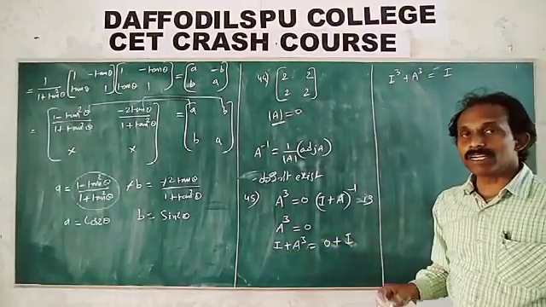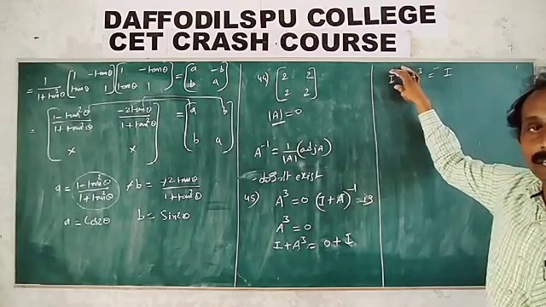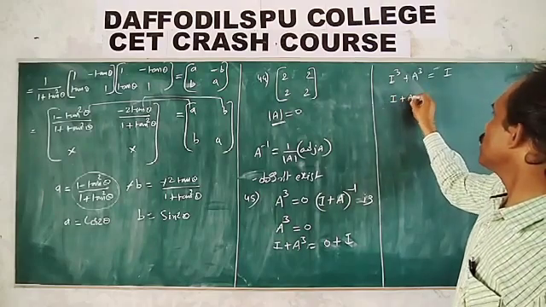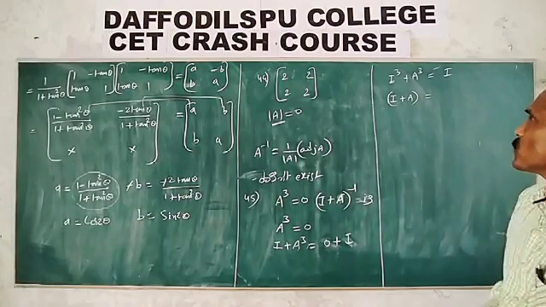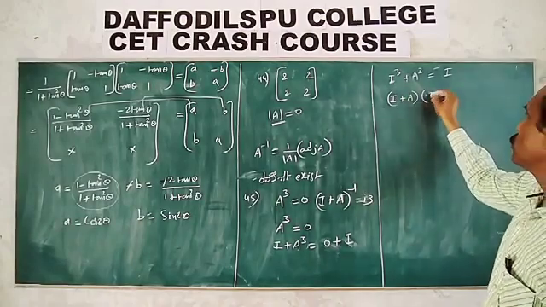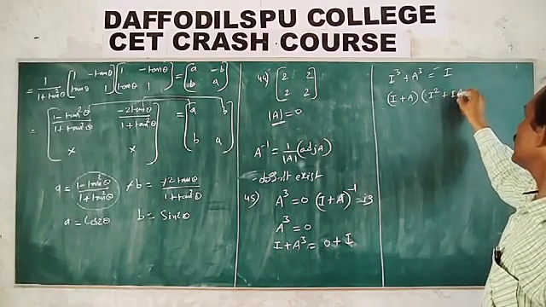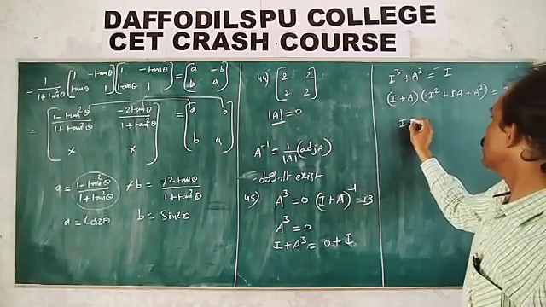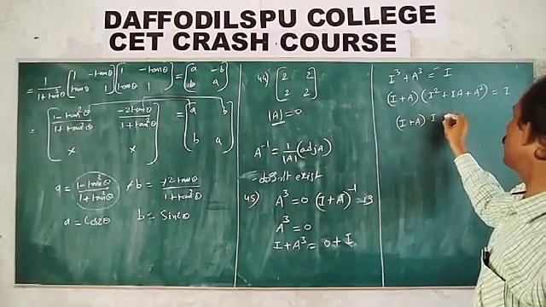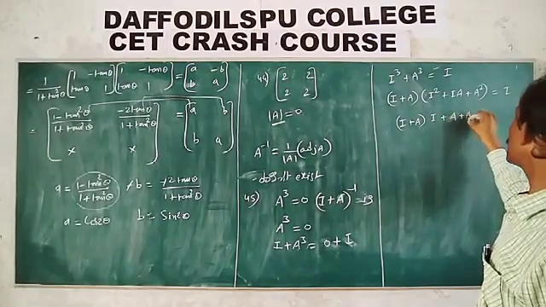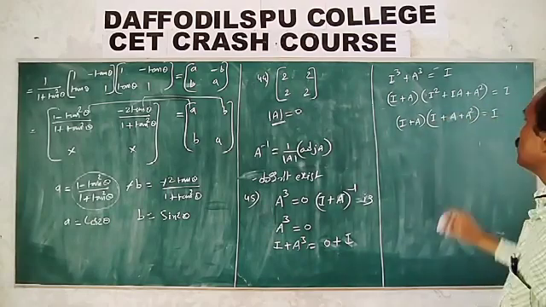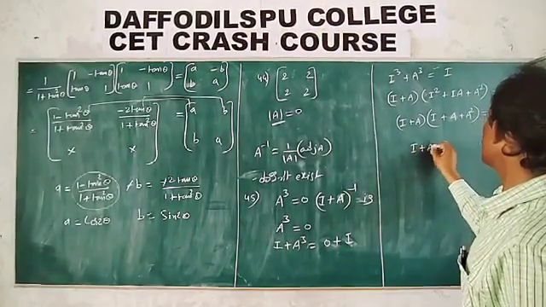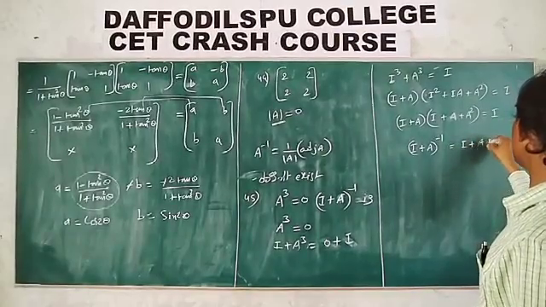Identity matrix, however many times you multiply, the resultant is I. So this is in the form of the A cube plus B cube formula: I plus A into I square minus IA plus A square is equal to I. The question is I plus A whole inverse, so it is equal to I minus A plus A square.